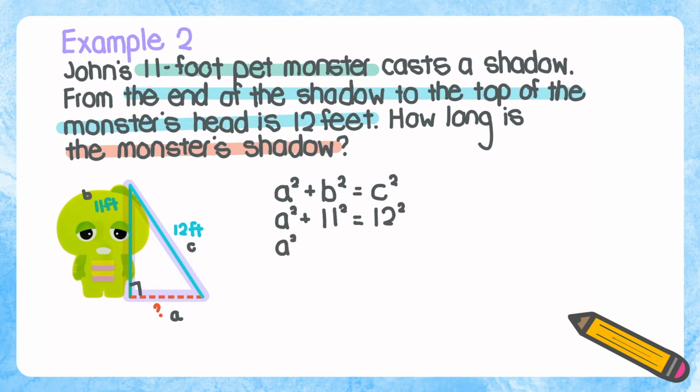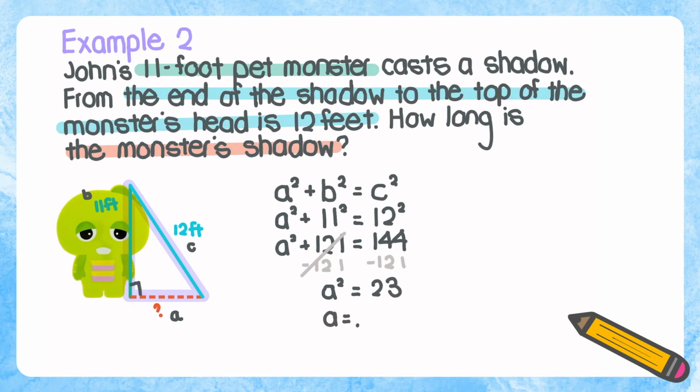First, let's square it out. 11 squared is 121, 12 squared is 144. And we want to isolate the a, so we're going to subtract 121 from both sides. That cancels out, and we have that a squared equals 144 minus 121, which equals 23.